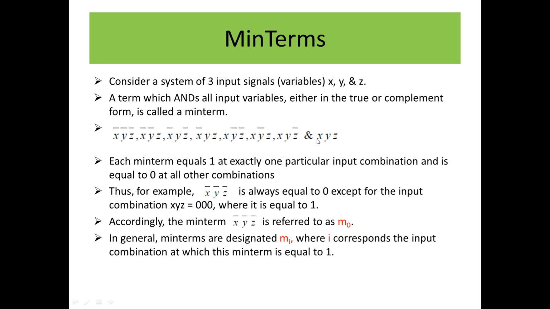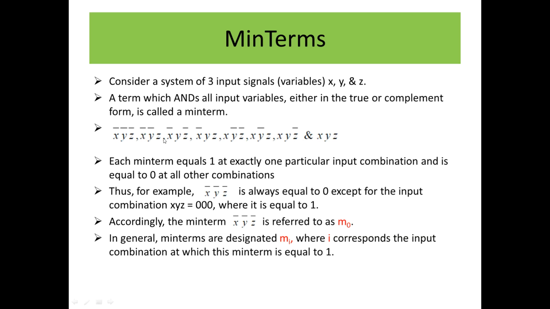Similarly, up till x, y, z: 1, 1, 1. This is 0, this is 1, this is 2, 3, 4, 5, 6 and 7. 0 to 7. Totally 8 combinations are there.